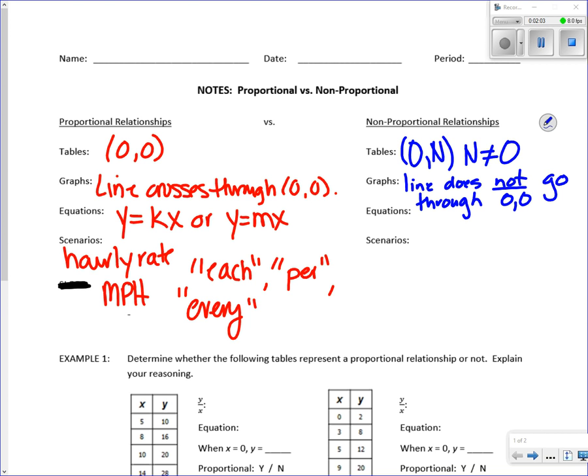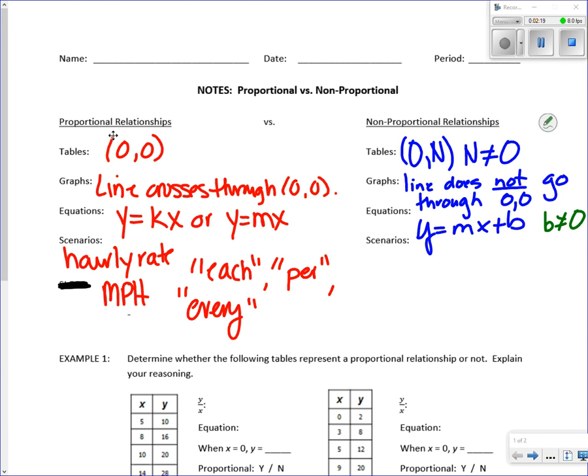And then on your equation, it's going to be y equals mx plus b. Remember, we talked about b is your y-intercept, but b cannot equal 0. It can be any other number, but not 0.